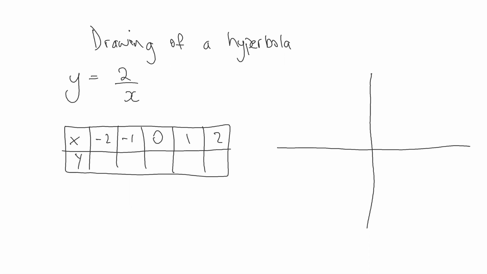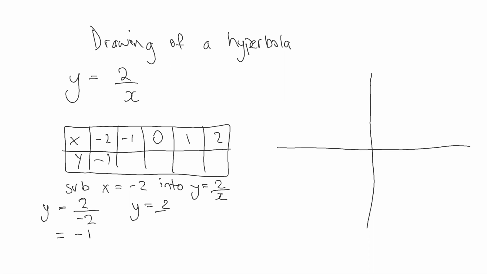So for example, we sub x equals -2 into the equation, so that means y is equal to 2 over -2, and that's going to be -1. And if I sub x equals -1 into the same equation, 2 over -1 gives me -2.